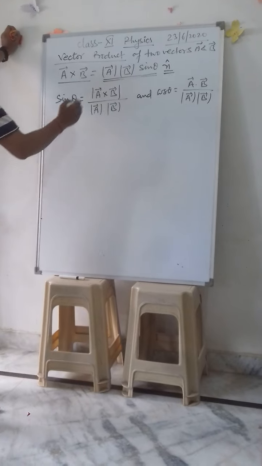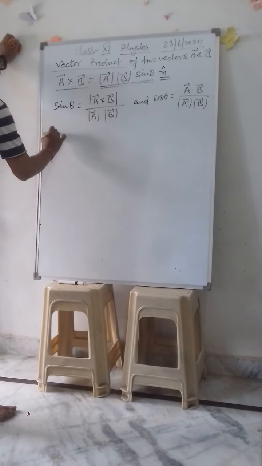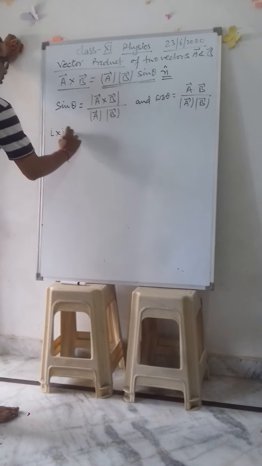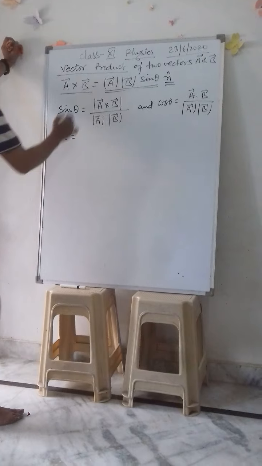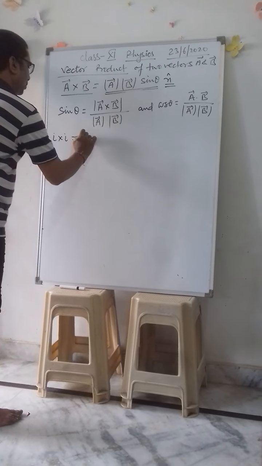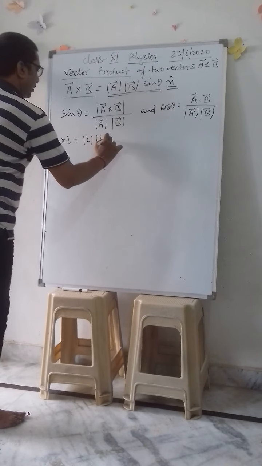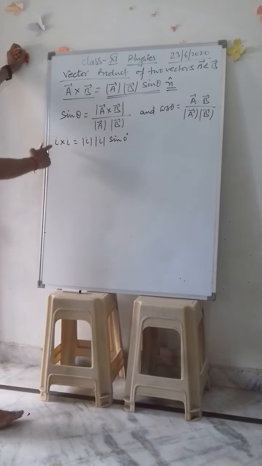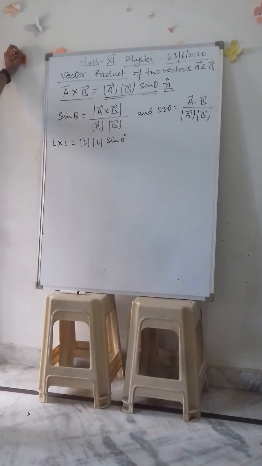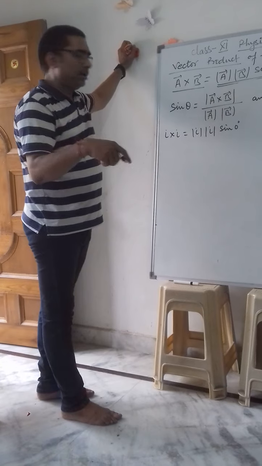Now we have to decide the formula I cross I. How much? By this formula we have to observe the mode of I and mode of I again sin 0 degree. Why? Because I cross I both are parallel, so its angle is 0 degree, theta is equal to 0 degree.